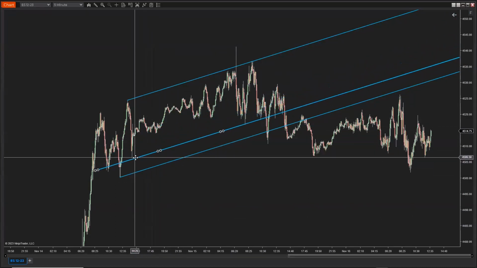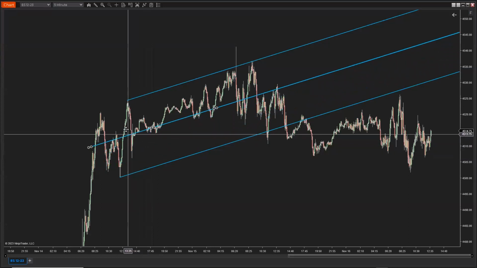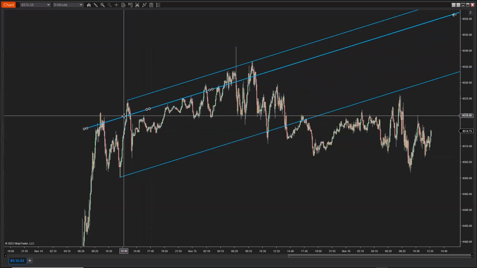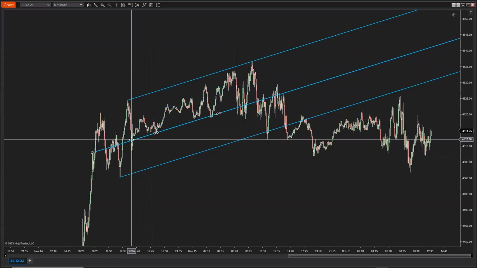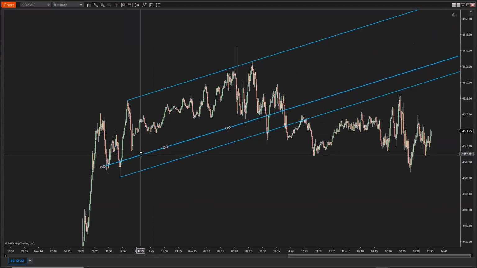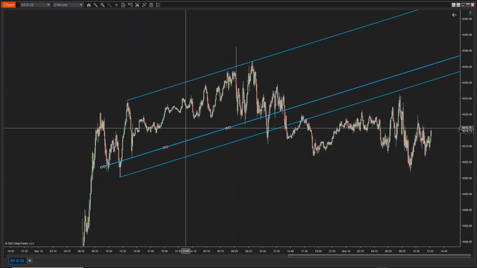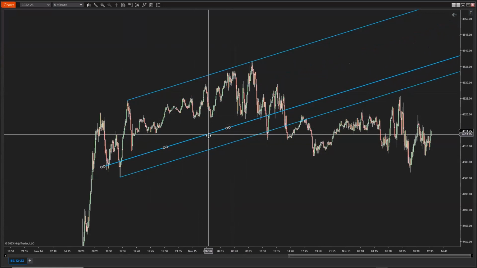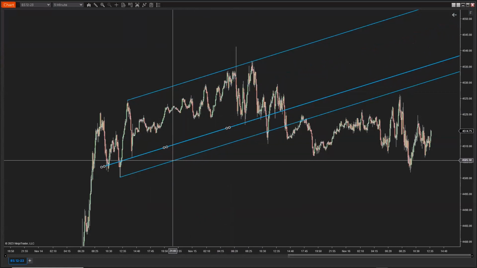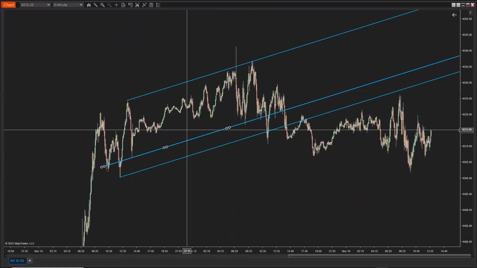And I'm going to bring it to different levels within that channel and look for different swing points that line up with the line at that given slope. And I'm looking for confirmation or validation that this is in fact a valuable channel. And that's the entire concept here. Is we're trying to validate the channel.